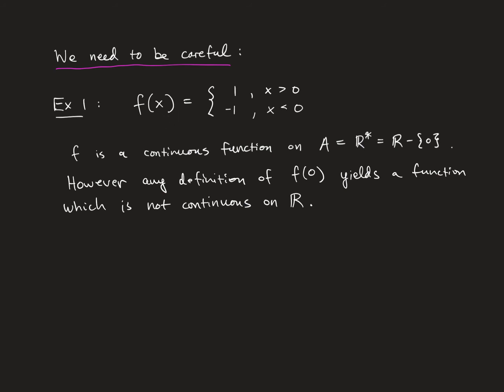Again, we have just a continuous function defined on some domain. We'd like to extend it continuously to the reals, but we cannot. No matter how we try to define f of 0, it's not going to be a continuous function.